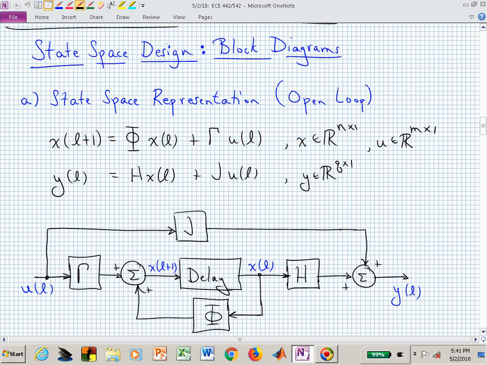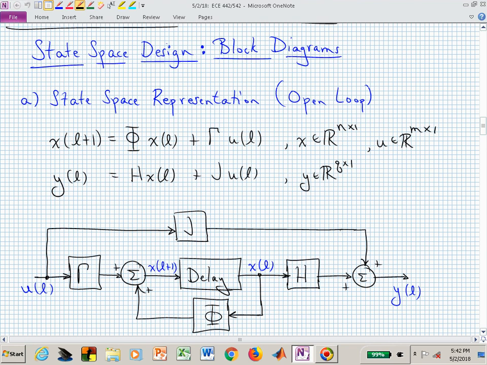Here we have x being n components tall, the state vector, and phi, the system matrix, is always square. It's n by n. Gamma, the input matrix, is n by m, m columns wide. And the output matrix H is compatible with the number of output signals that you have available or that you're calling outputs, and that we have q of those.